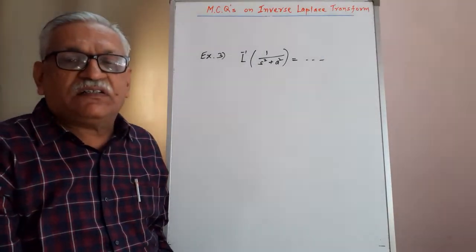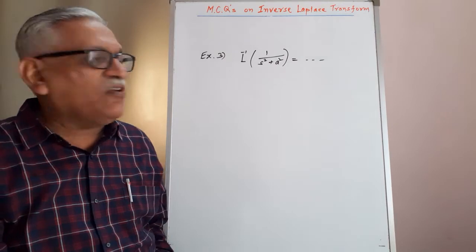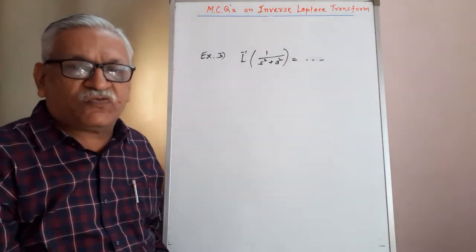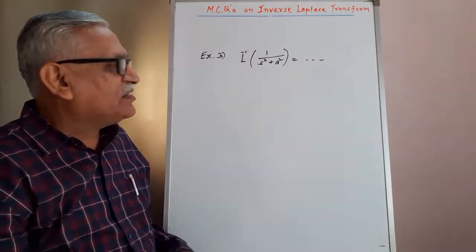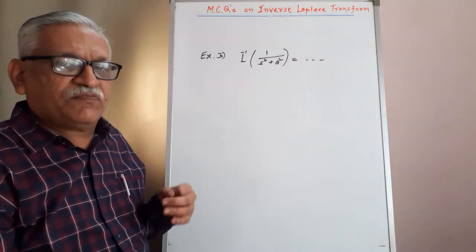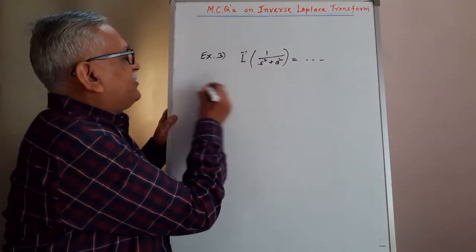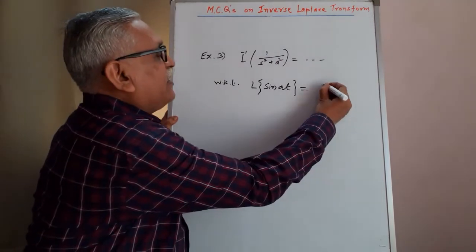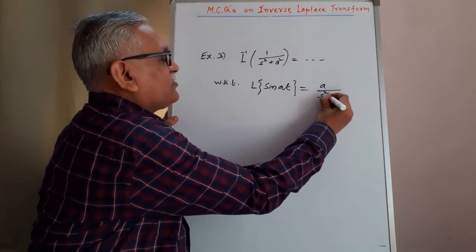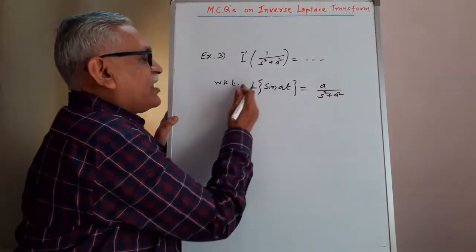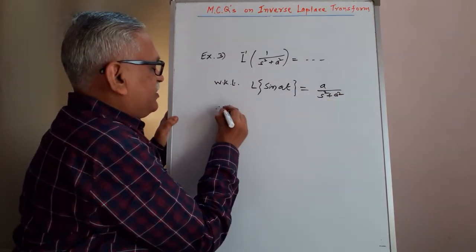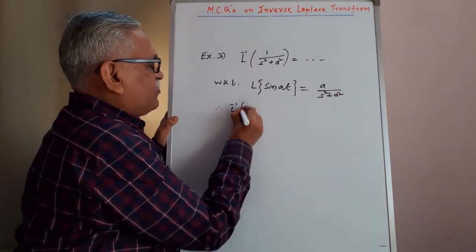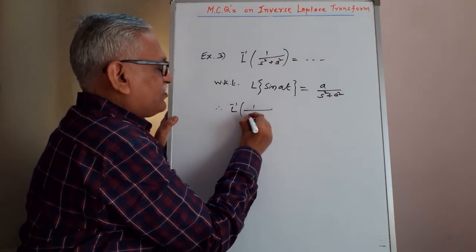Example number 3, find the value of inverse Laplace of 1 upon s square plus a square. Find the correct option out of the 4. To find it, we know Laplace of sine at is a divided by s square plus a square. Then transferring this operator to the other side, we get inverse Laplace of 1 upon s square plus a square.